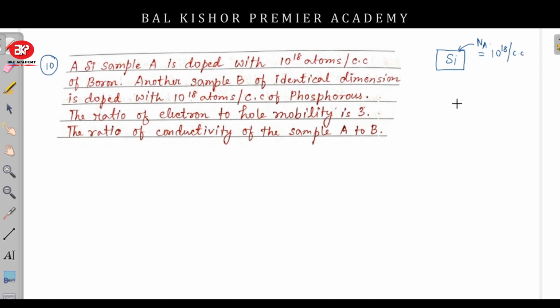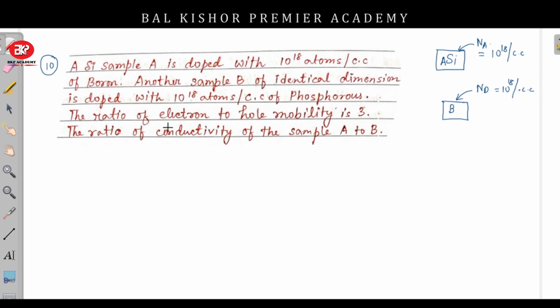Another sample B is there. This is sample number A and this is sample number B. Sample B, of identical dimensions, is doped with 10 to the power 18 atoms of phosphorus, so this is donor doping with the same amount as the acceptor in a cc.